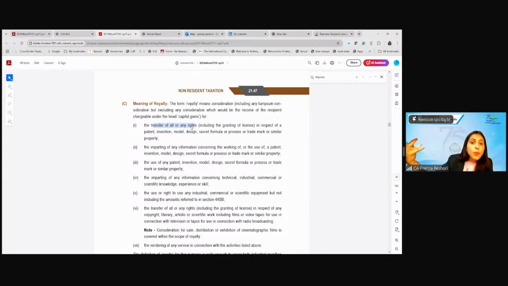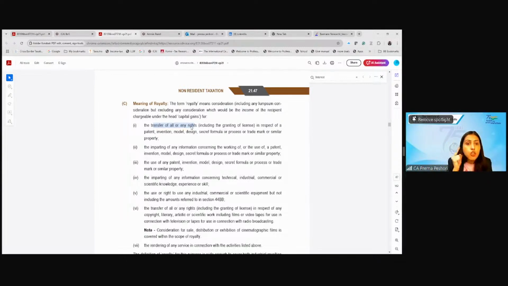Therefore, they would be imparting the information as to how to use this particular process that they have set up for stitching the bags. That payment which will be made by the Indian or Bangladesh company to Louis Vuitton will be nothing but royalty.